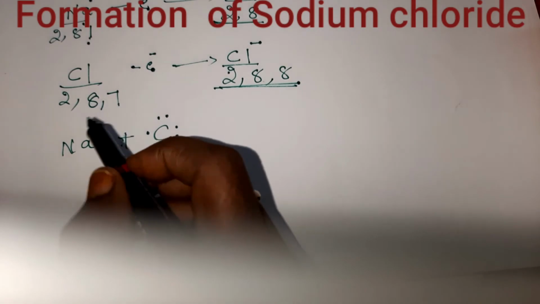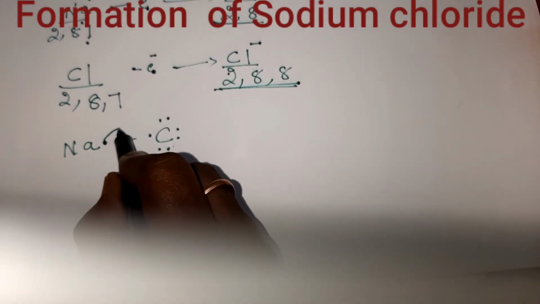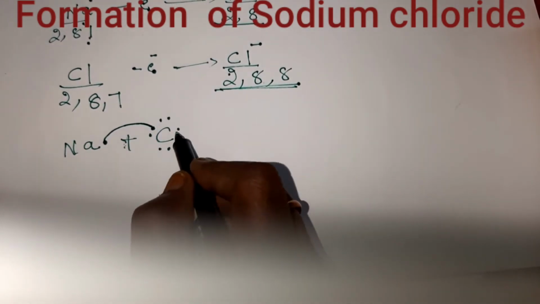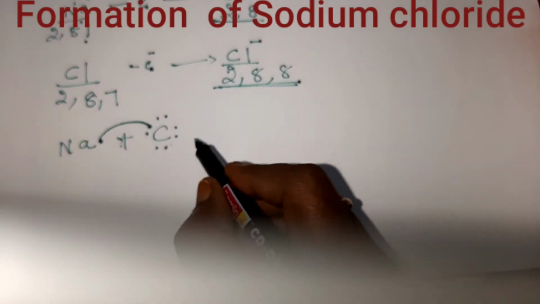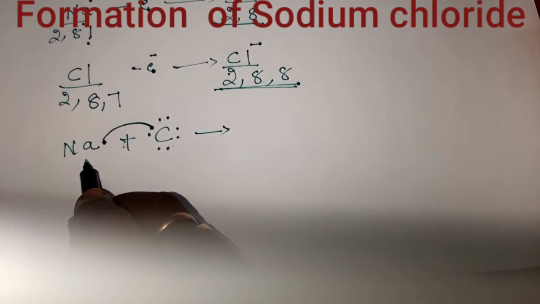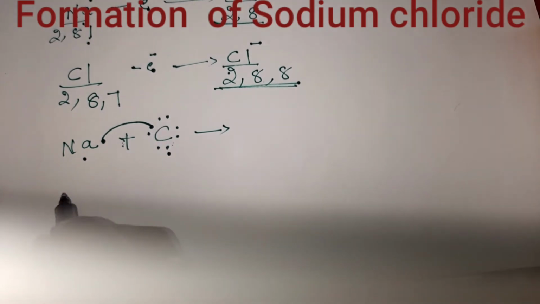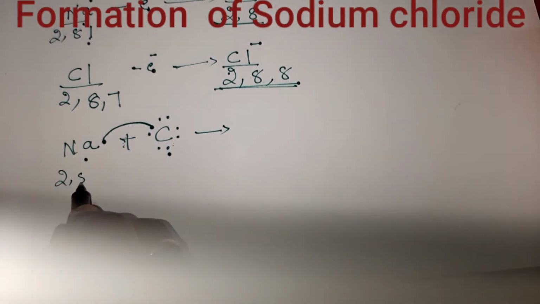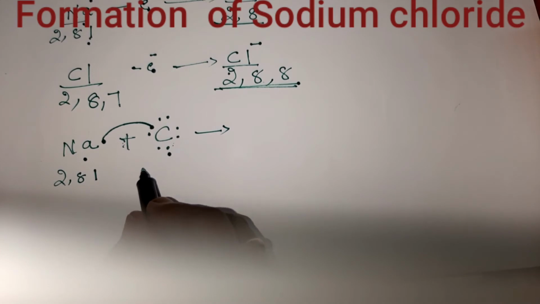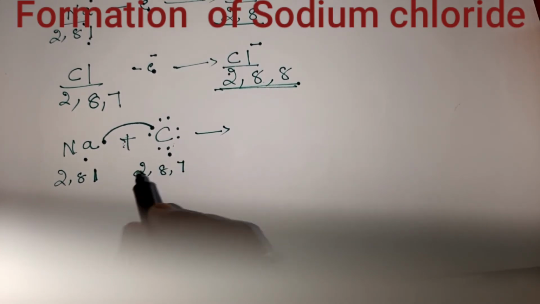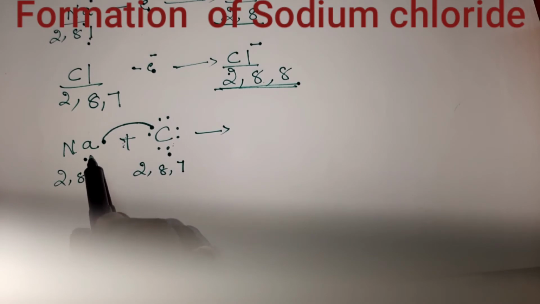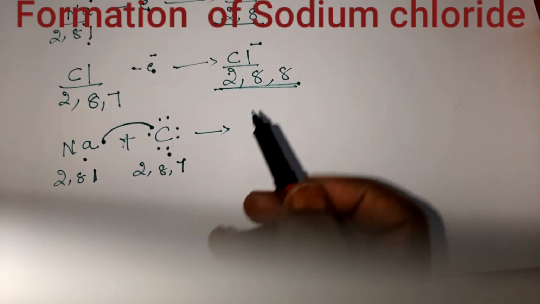Then this sodium will donate one electron to chlorine and chlorine receives one electron. So now this is sodium atom, children. This is chlorine atom. Sodium has got 2, 8, 1 electron in the outermost shell and chlorine has got 2, 8 and 7. So sodium will donate one electron to chlorine. Now what happens?